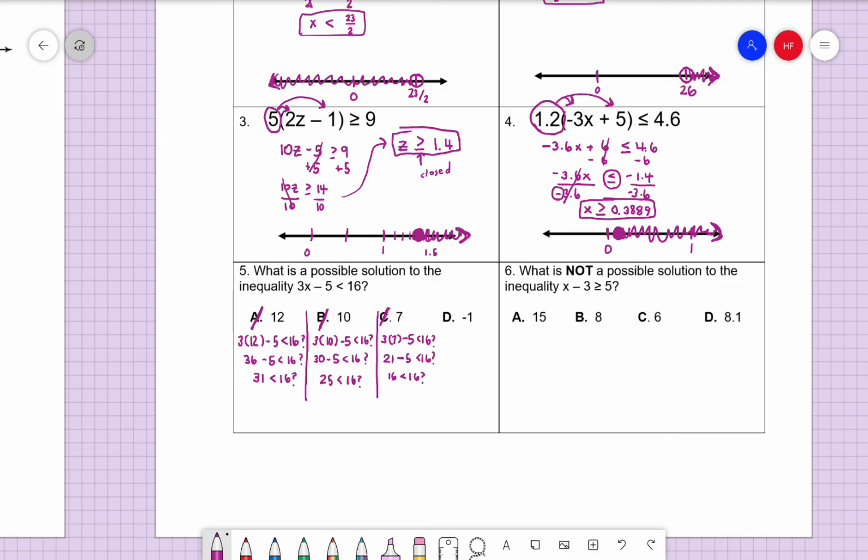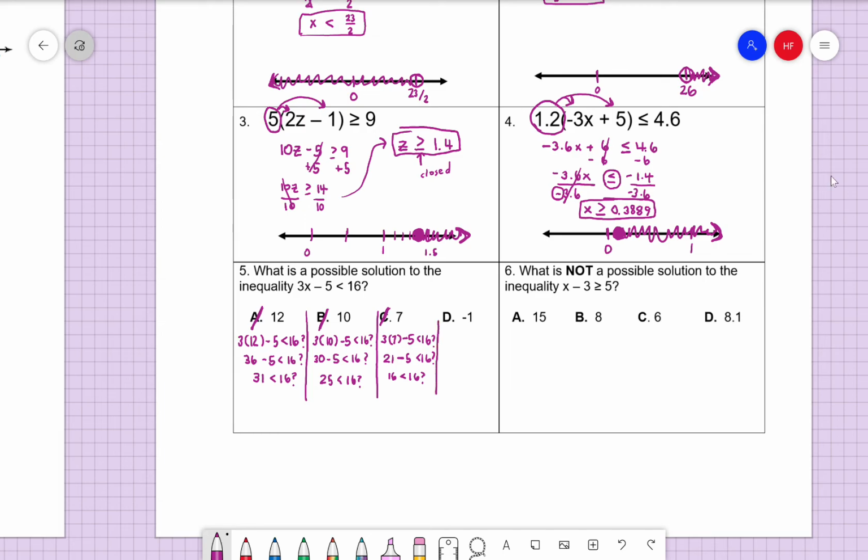No. It would have to be or equal to, because 16 equals 16. But 16 can't be less than 16, because if we're looking at a number line, is 16 going to be to the left or to the right of 16? Neither. It's going to be right on 16. So C is not our answer.